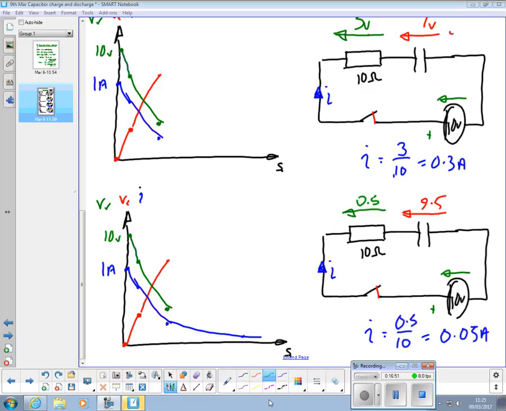A resistor voltage tending to 0 as well, and a capacitor voltage of 10, about there somewhere. Tending towards that 10 volt line.